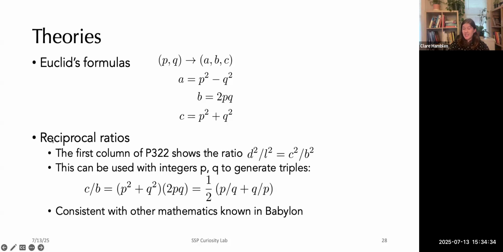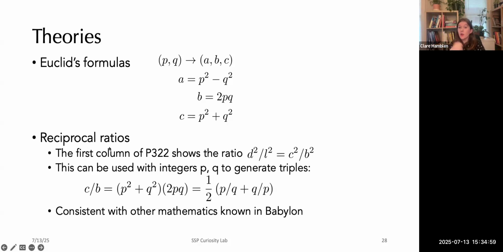It's potentially, and I think this was the theory favored by the scholars who originally translated and interpreted Plimpton 322 in the 40s, I think. More recent research, cross-referenced with the other mathematics that we know the Babylonians had and used, suggests that there might instead have been a concept called reciprocal ratios.